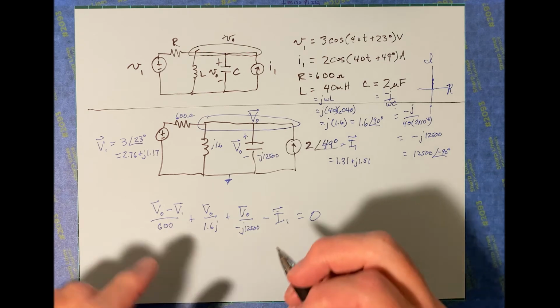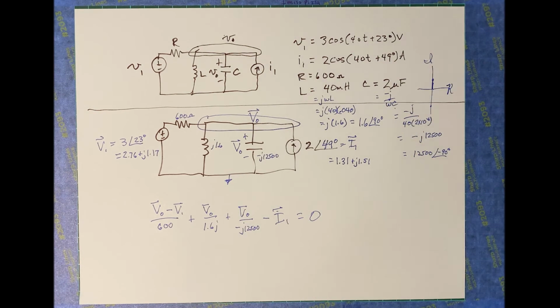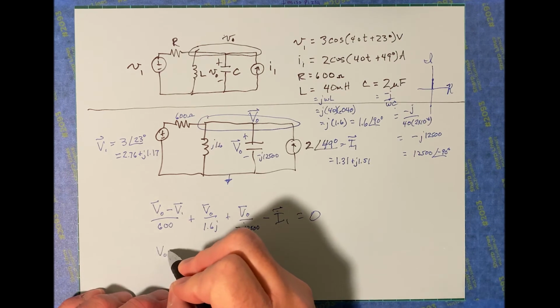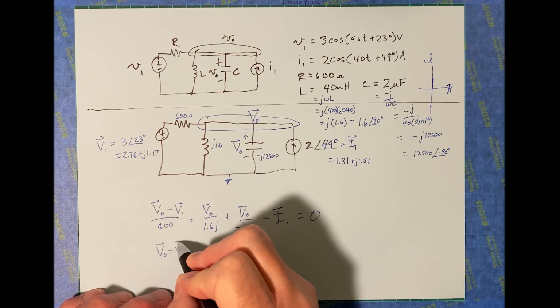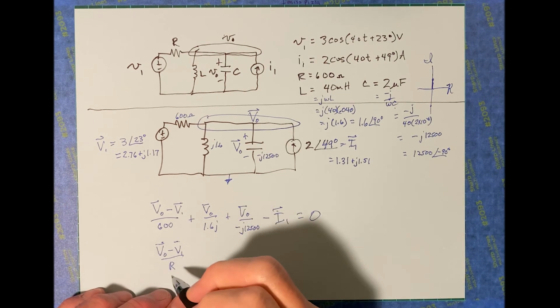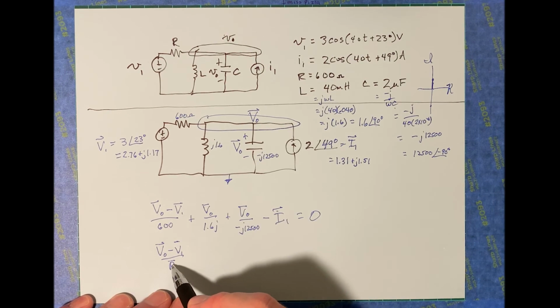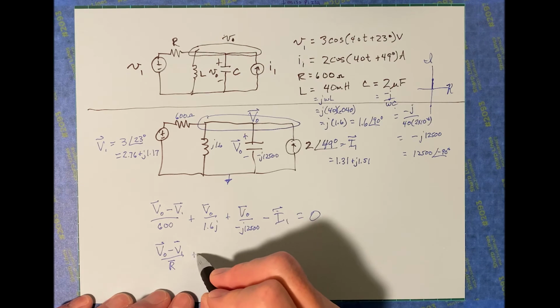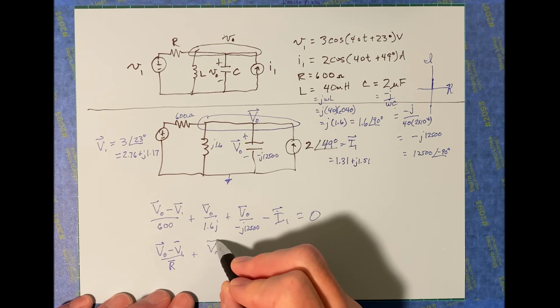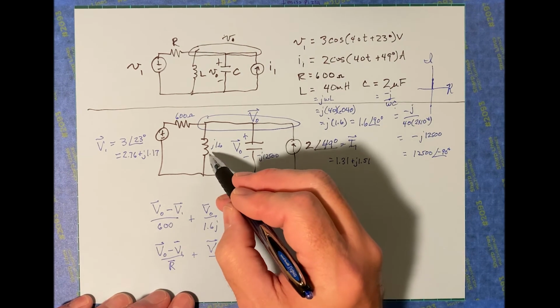All right, so you could do that, though. You can write it this way, though. Let's say V naught minus V1 over the phasor R. I'm using this symbol right here just to indicate that I've converted the resistor from the time domain into the frequency domain, plus V naught divided by, well, what was that?